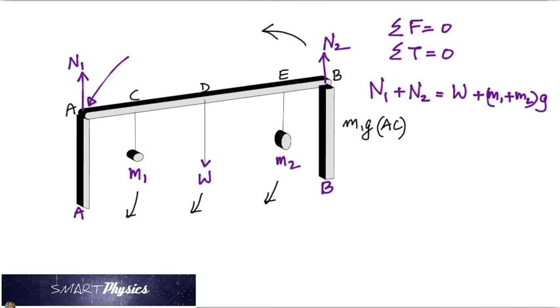M1G times AC plus the weight times AD plus M2G times AE. Remember, we're taking all the distances from A because we picked that point. Those are the clockwise, should be equal to the only counterclockwise, which is N2 times AB. You do the math, you get the answer.